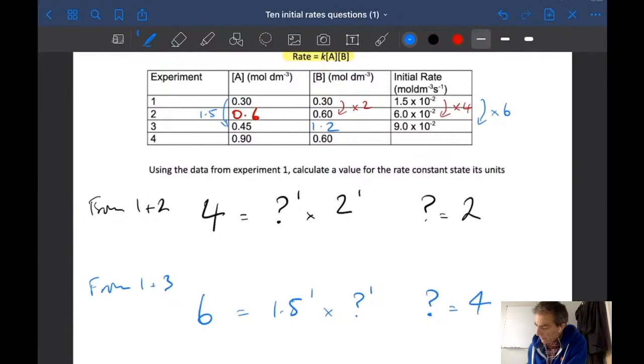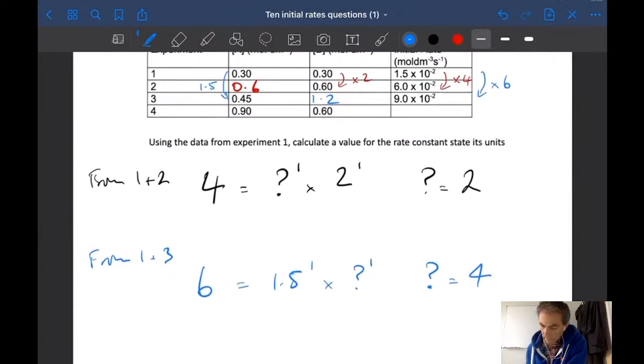And the final one, the initial rate now. So using experiments 1 and 4, I'll just use a black pen. From 1 and 4, the increase in rate we don't know, that's what I want to find out. So an unknown increase in rate has been brought about by 0.3 up to 0.9, a 3-fold increase.